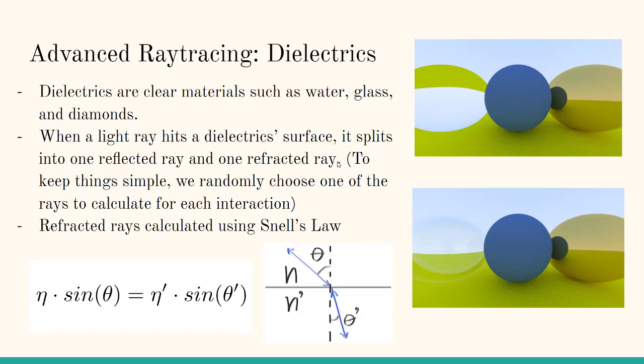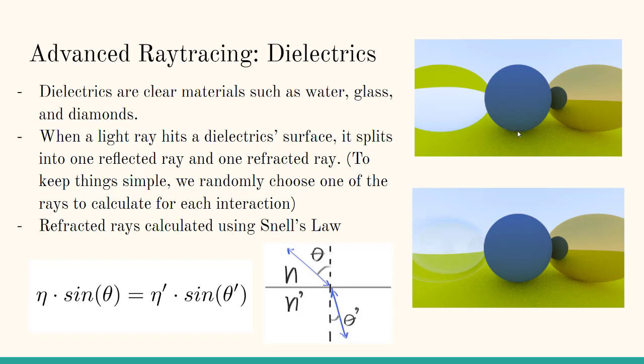We can keep things linear and still get a good approximation by simply randomly choosing one of the rays, either the reflection or the refraction, to calculate for each interaction. And that will still give us a realistic looking picture for our project without having to simulate this super long actual process of exponential light calculation.